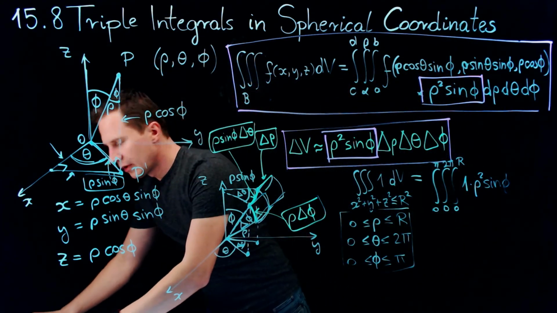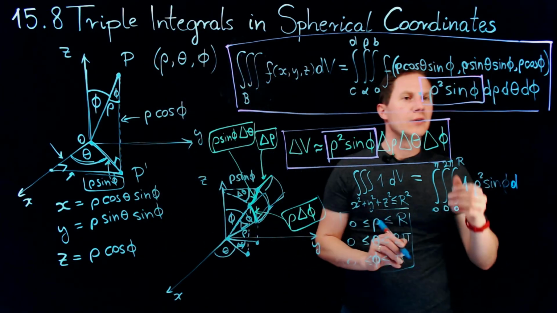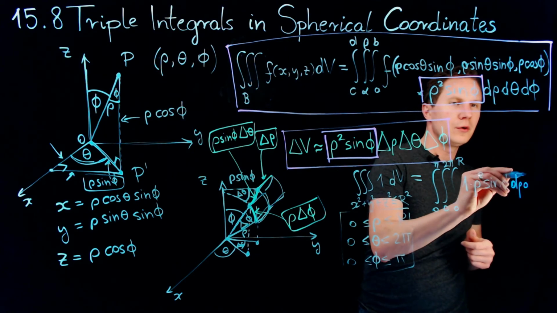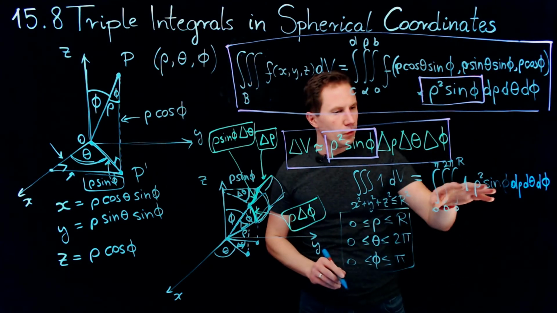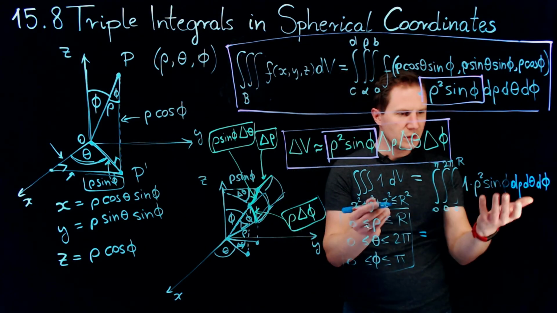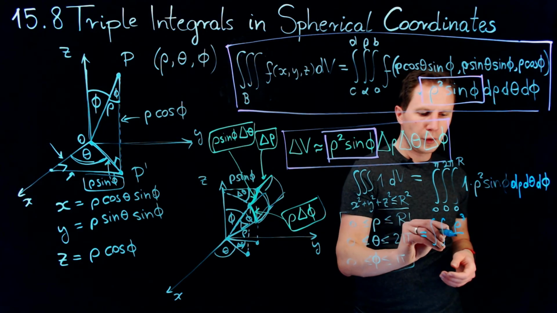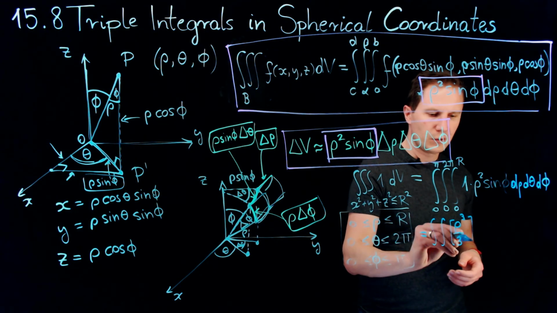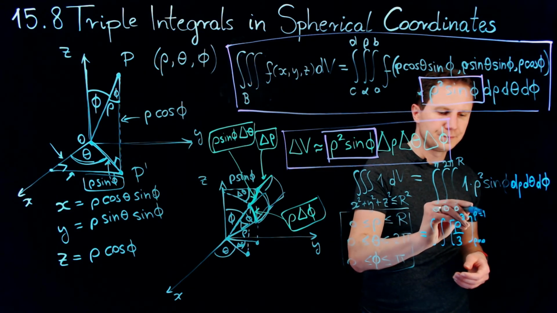And this we have to integrate with respect to rho, theta, and phi finally. So what we are doing is integrating with respect to rho, which will give us rho cubed over 3, as rho changes from 0 to r.